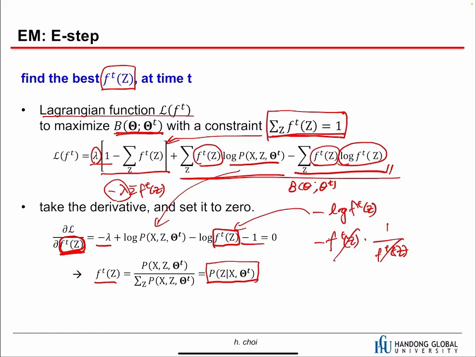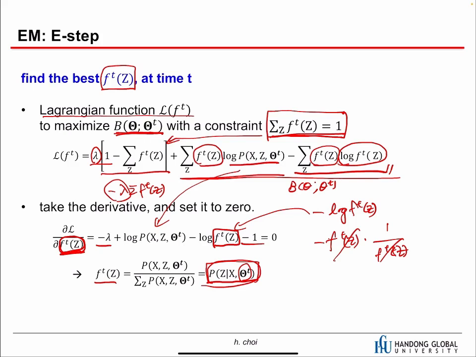So the best z, the probability of z, is the conditional probability of z given x and theta t. Theta t means the current parameter. So in the k-means algorithm, the current parameter means current mean vectors. Given the current parameters, the best z, this is kind of the assignment step in k-means algorithm.